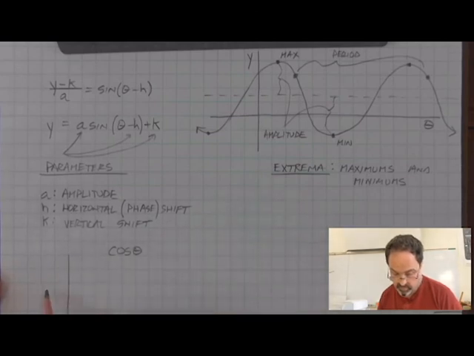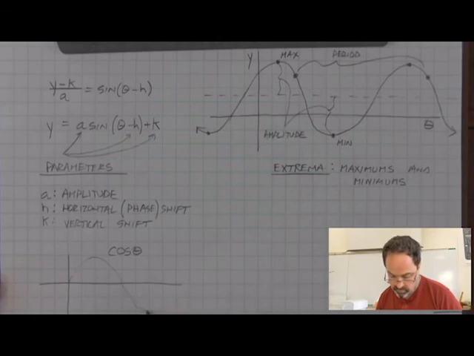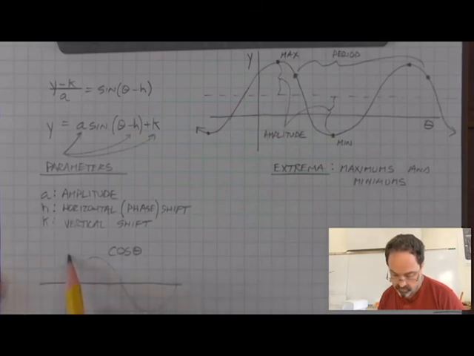More specifically, we can compare sine, which starts at its midline, heads up, and then completes a period by coming back to the midline, with cosine, which starts at its maximum, heads down, and then back up to complete its period.